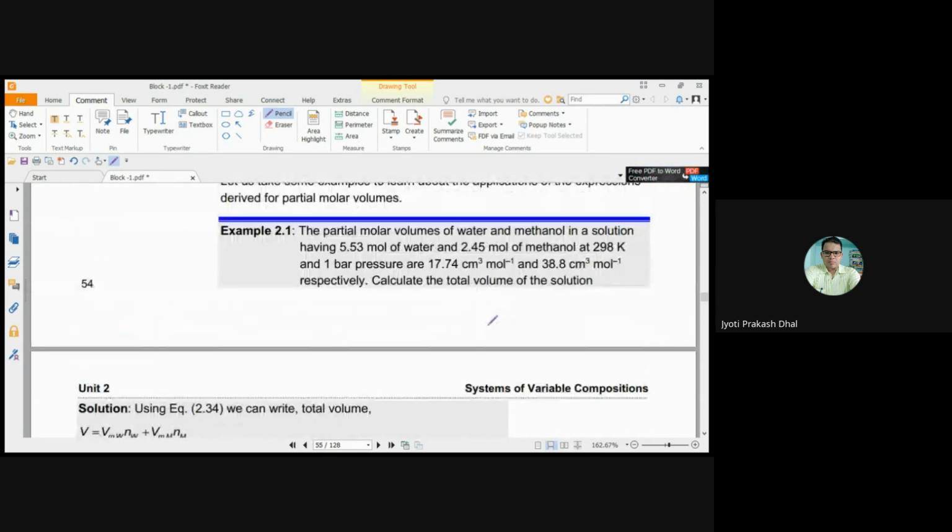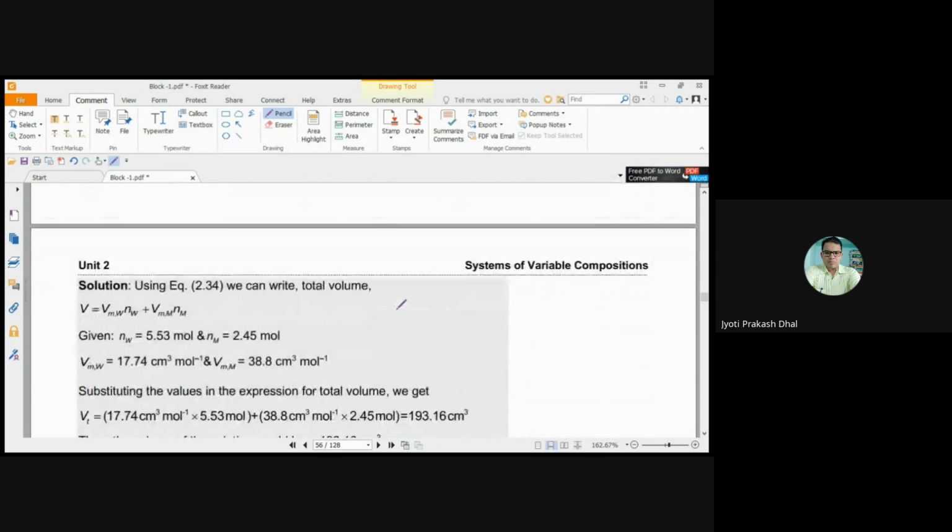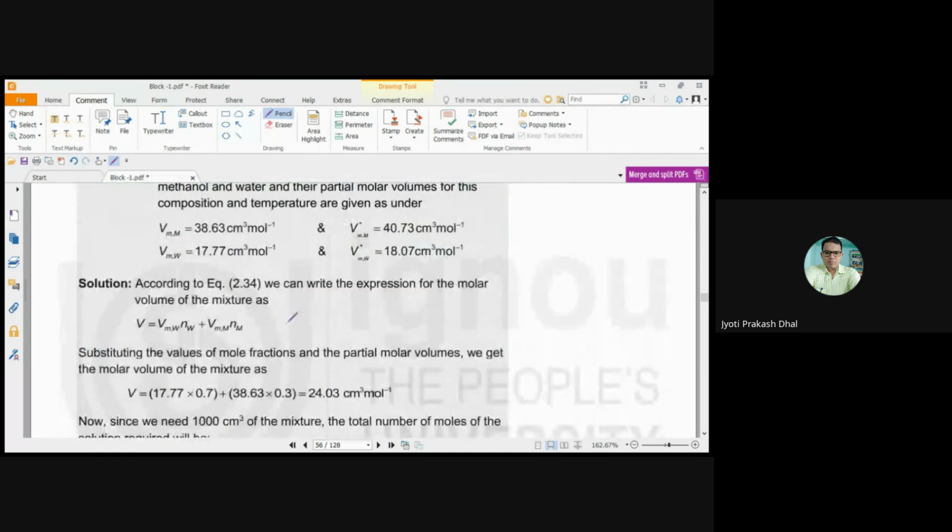So one question is there, and that can be calculated using this equation: V = V_MW N_W + V_MM N_M. Here N_W is the number of moles of water and N_M is the number of moles of methanol, V_MW is the molar volume of water, and V_MM is the molar volume of methanol. So you can directly put in the values.